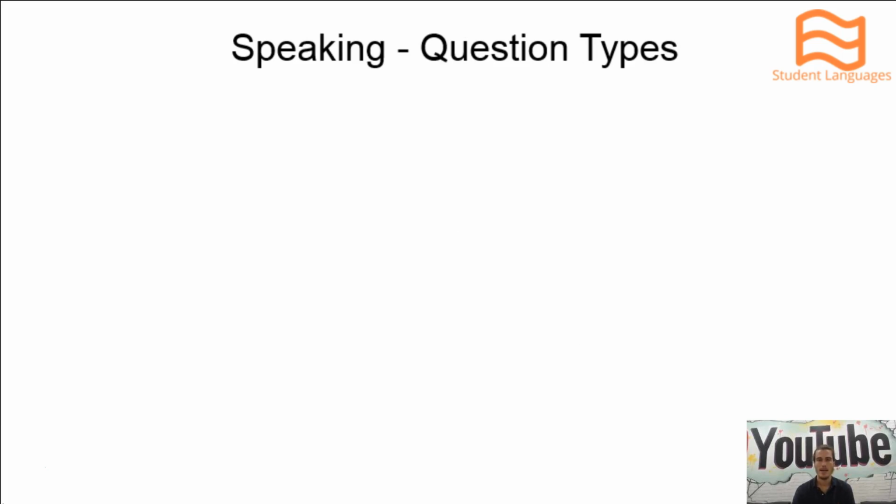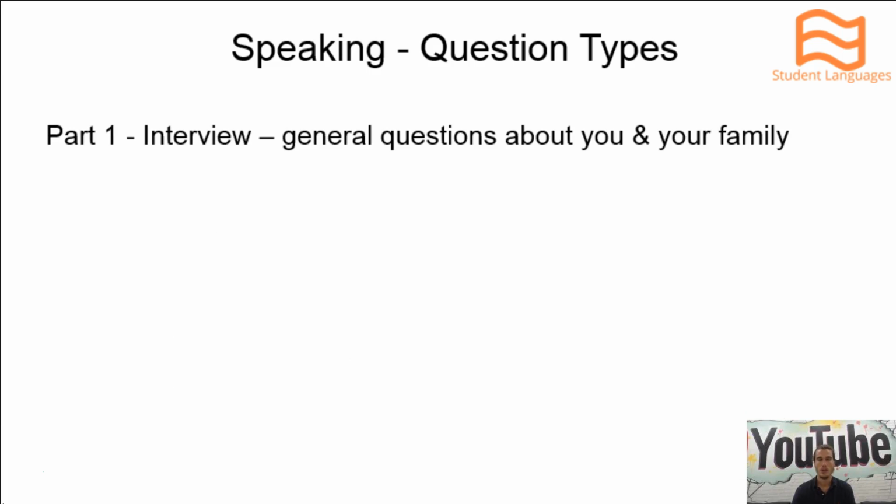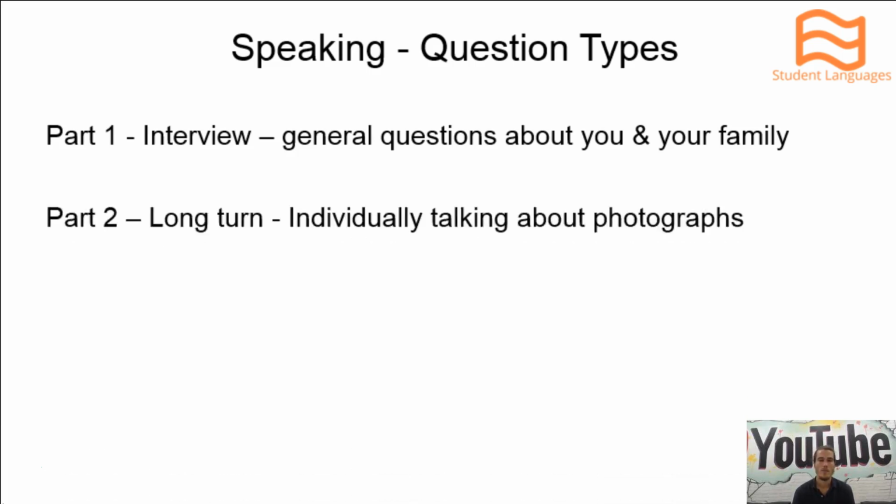So, let's have a look at the types of questions in the speaking paper in more detail. In part 1 of the speaking paper, you have what is similar to an interview. The examiner will ask you some general questions about yourself, your family, etc. Part 2 is called the long turn, and in this part you have some photographs and you have to talk about these photographs on your own.